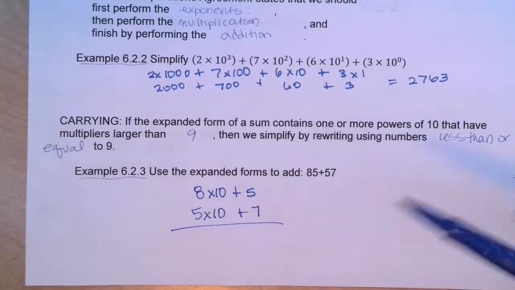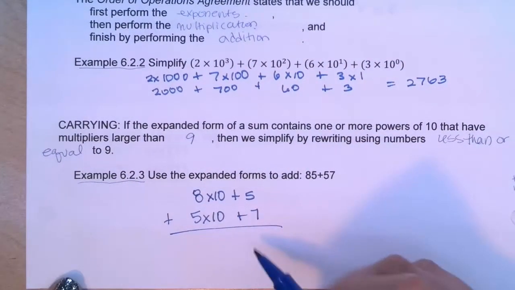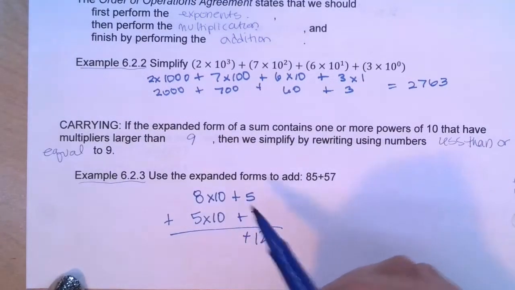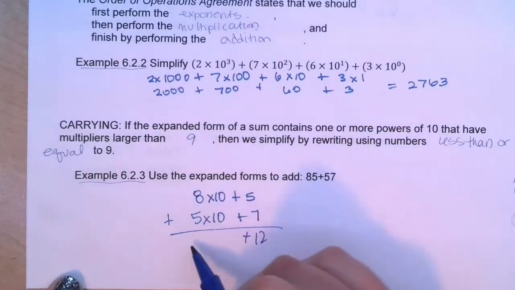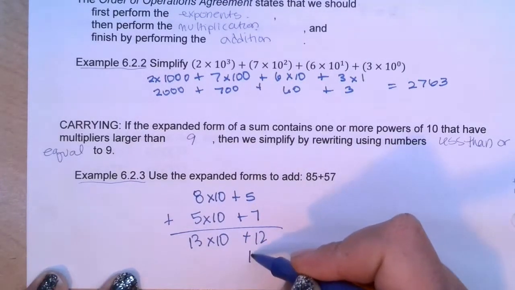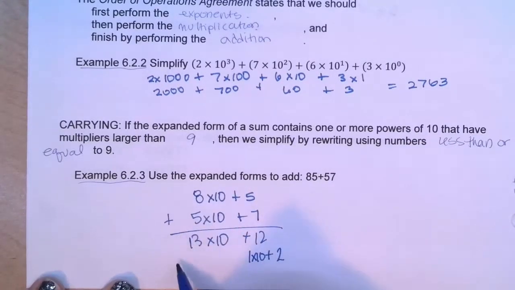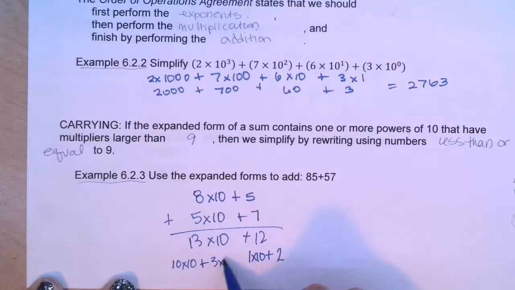I'm going to line them up by place value, and then add them together. 5 plus 7 gives us 12. 8 plus 5 gives us 13 times 10, because we're in the 10 place value. Both of these give us trouble. First, we split up this 12 as 1 times 10 plus 2, and then we split this up as 10 times 10 plus 3 times 10.